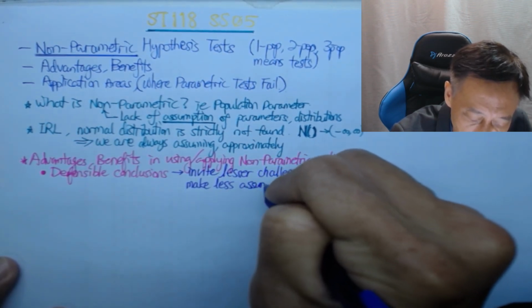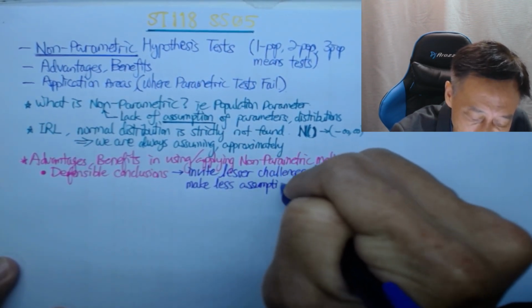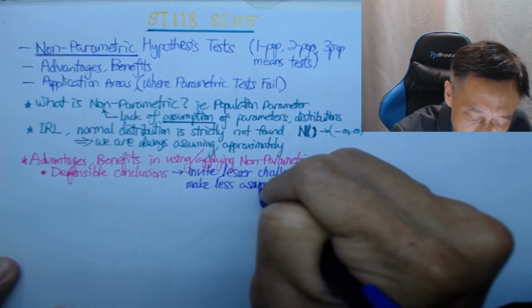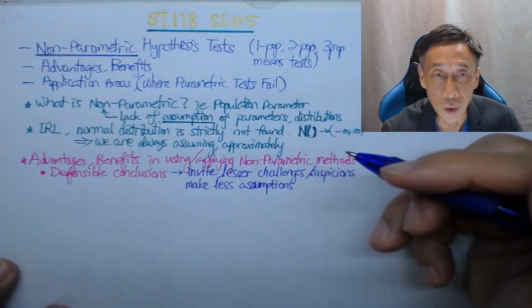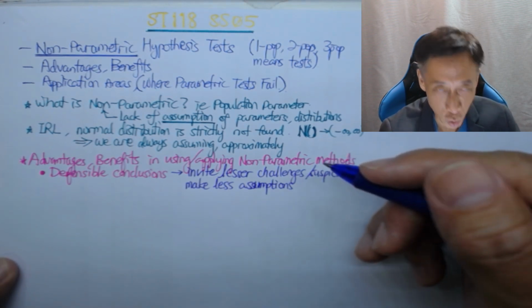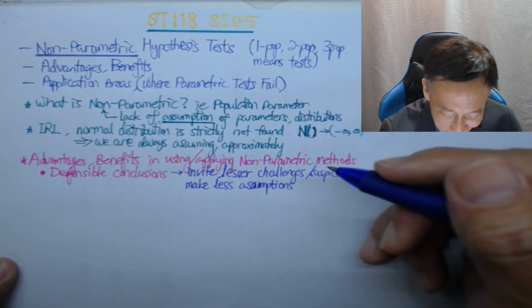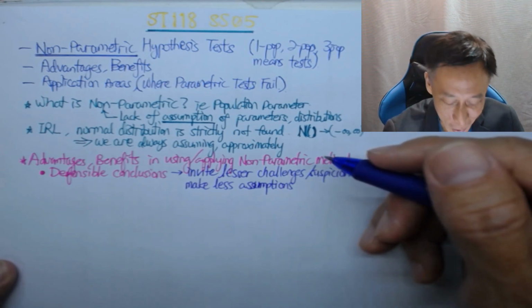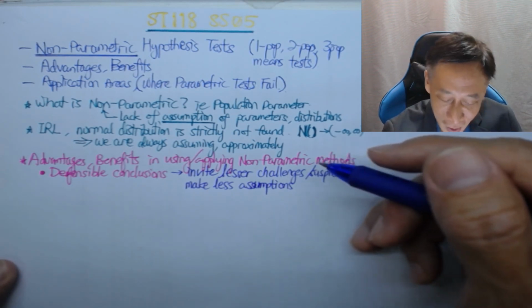Simply due to the fact that you make even one lesser assumption, and furthermore, non-parametric methods make a few lesser assumptions, and these assumptions are not trivial assumptions. They are very core assumptions that make parametric methods work, right? So you're not making them.